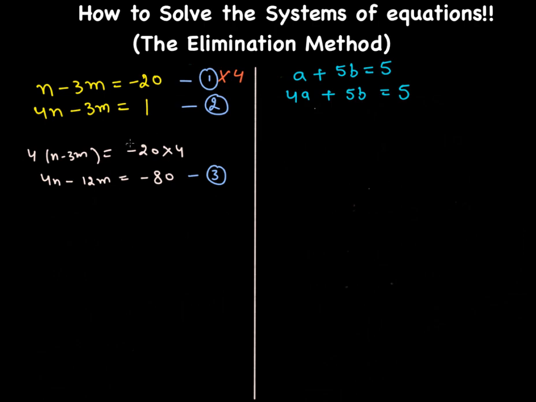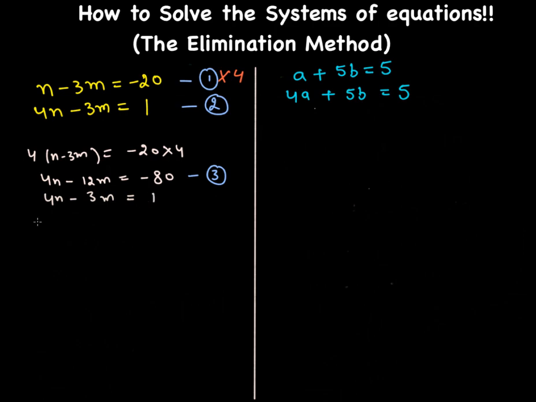Now if I subtract equation number 2 from equation number 3, we'll cancel out the 4n. Let's do that. I'm going to write down equation number 2 just beneath this one: 4n minus 3m is equal to 1.